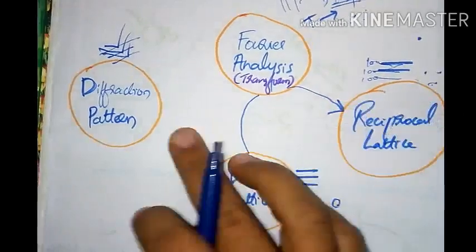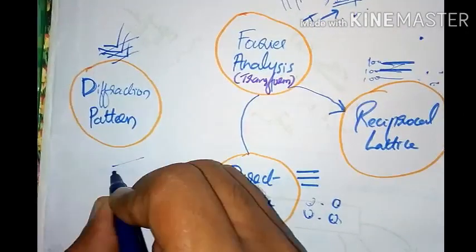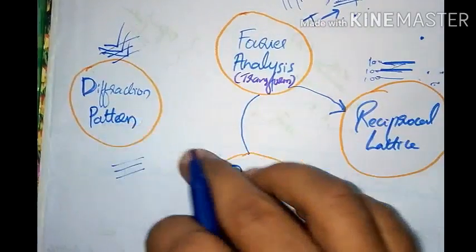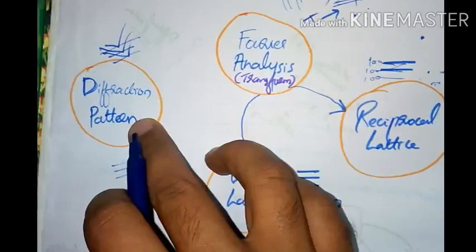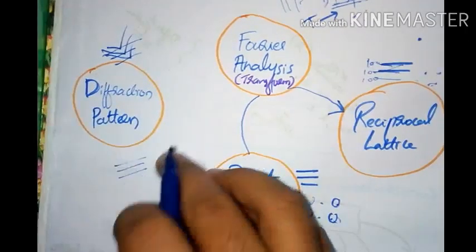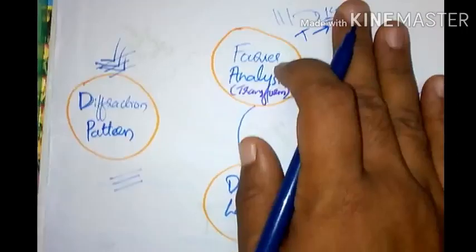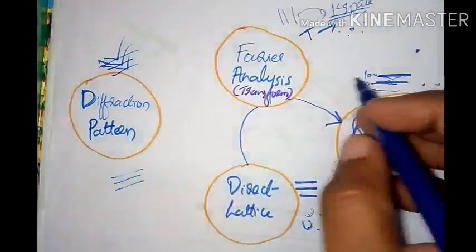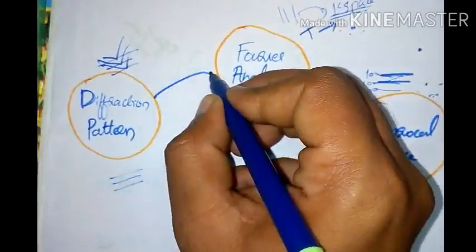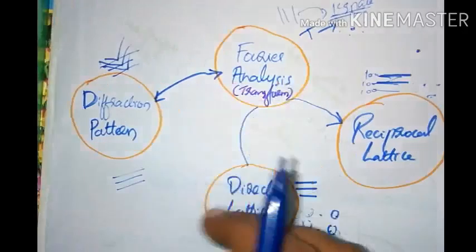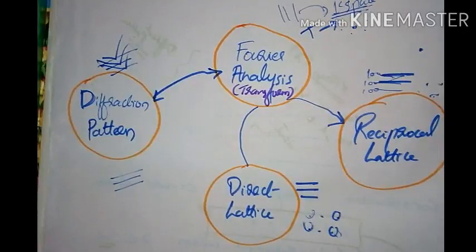Now let's consider the diffraction pattern. When we take the diffraction pattern of a crystal, what we are doing is a Fourier analysis, a physical Fourier analysis, by taking a diffraction pattern of a crystal.